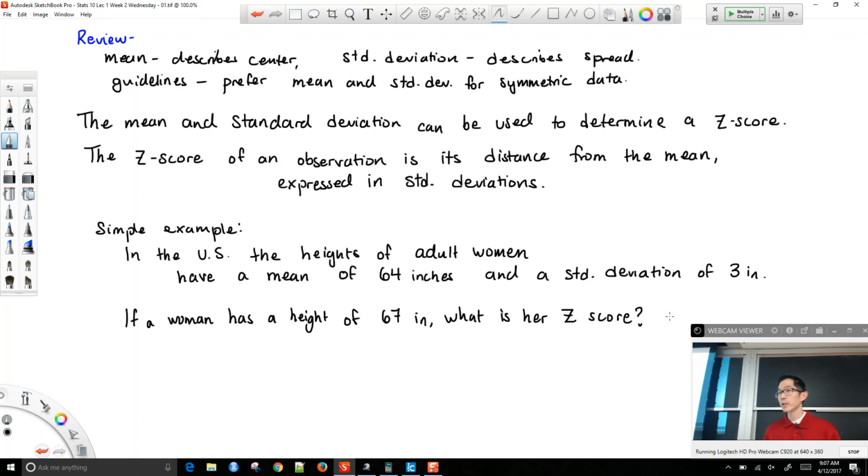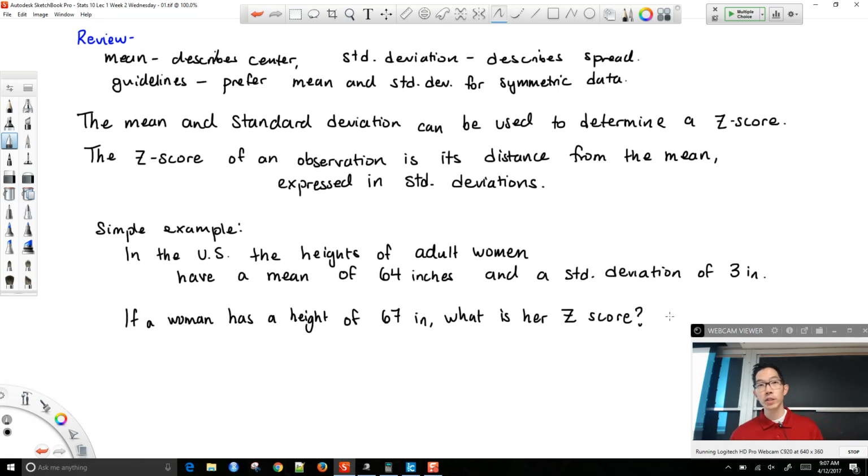Well, we just say the Z-score of an observation is its distance from the mean expressed in standard deviations. So how far above the mean is the height of this woman? She is 3 inches above the mean. Each standard deviation is 3 inches. So her Z-score is 1.